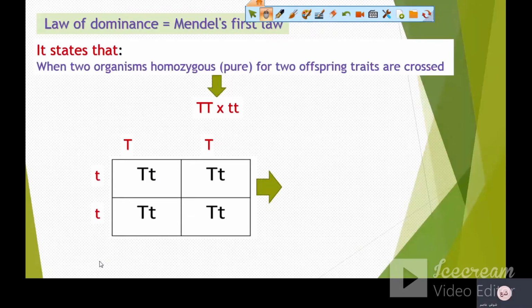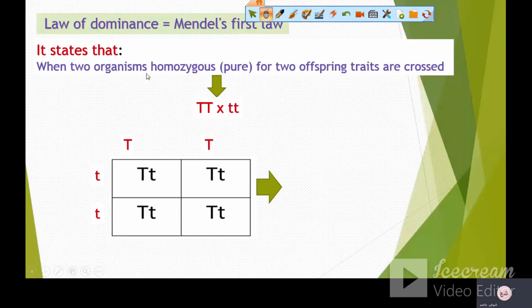Simply, Mendel's first law states that when two organisms, homozygous and pure, look at these two alleles, they are homozygous, they are similar, they are pure. Look at the other one, it's homozygous and pure too.